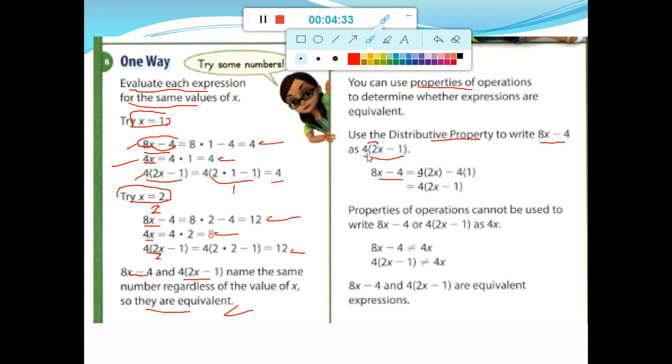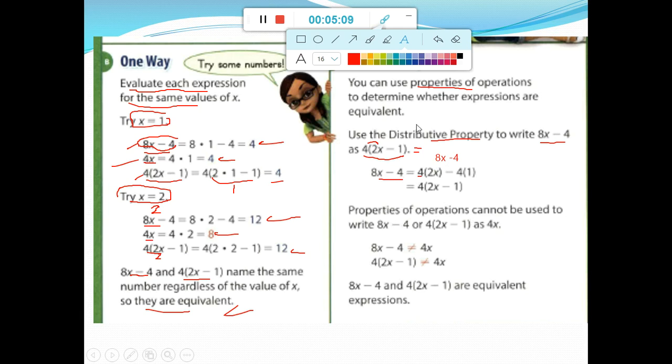We can use the distributive property for the second one, which is 4 brackets 2x minus 1. 4 multiply 2x is 8x, and 4 multiply 1 equals 4. So if I use the distributive property for this expression, we will get 8x minus 4. So it is the same as the first expression.